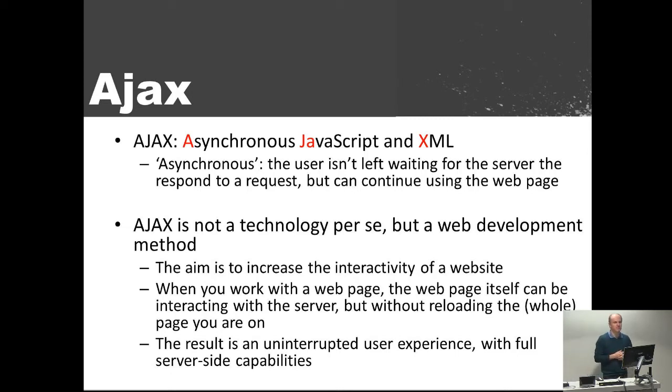Which means that if we go back, because AJAX is a framework which allows you to have dynamic web pages, and we have already seen one way of doing dynamic web pages was to use PHP. So you remember, you click on a link which is a PHP page, it sends a request to a server.